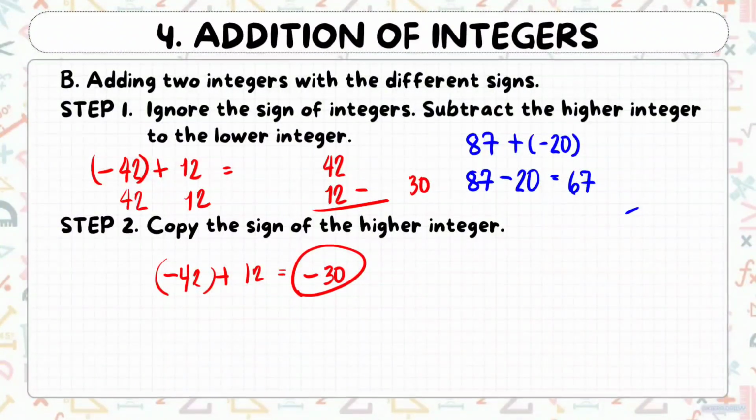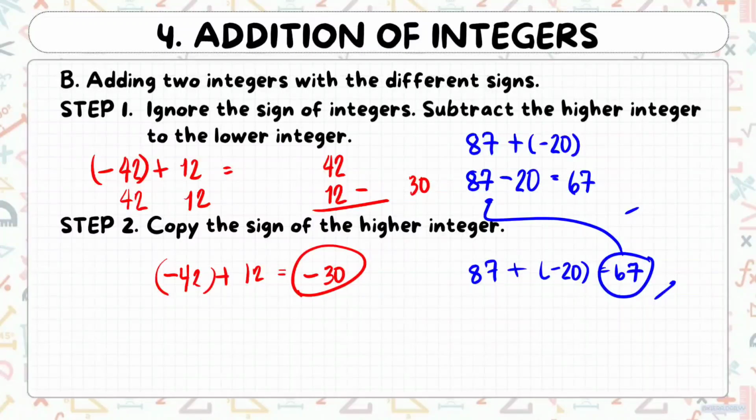And we're going to copy the sign. So 87 plus negative 20 is equal to positive 67. We don't need to write the positive symbol since, again, a positive integer is a natural number. So why positive? Because the higher number, 87, is higher than 20. Therefore, we're going to use the positive sign.